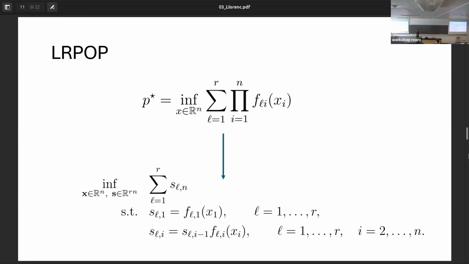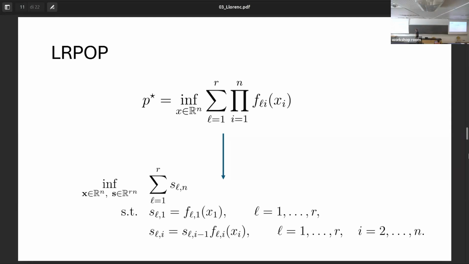But what we suggest is to define some new variables, these S's, which are some liftings of this polynomial, that would make the objective function linear in S instead of fully dense in X. So as you see here, we could rewrite this polynomial as just a sum of S variables. And then we would have to add the constraints of these S's, which are defined by some F's.